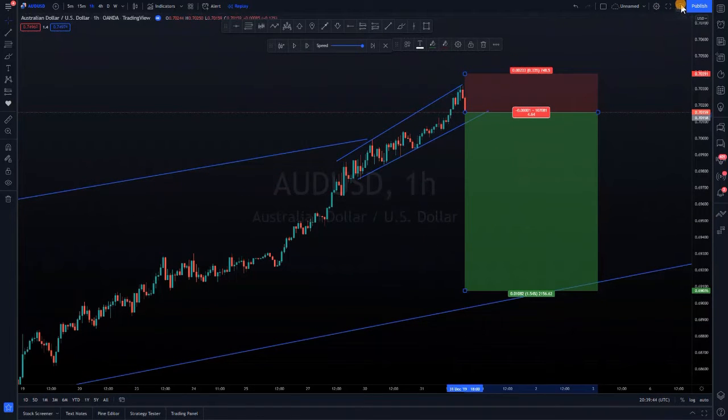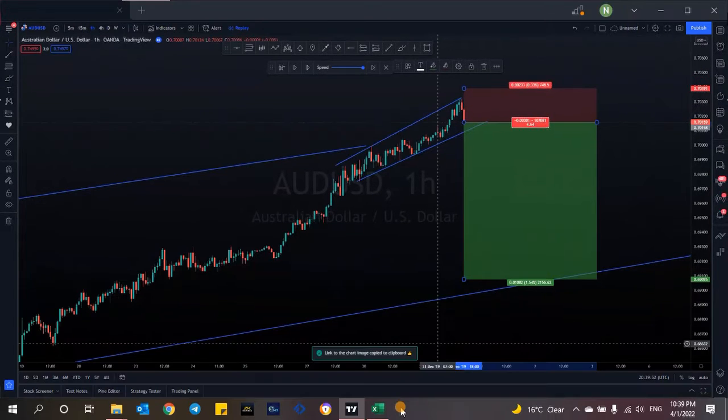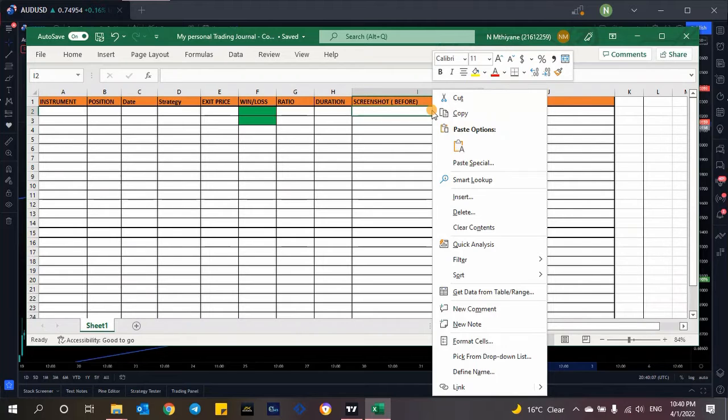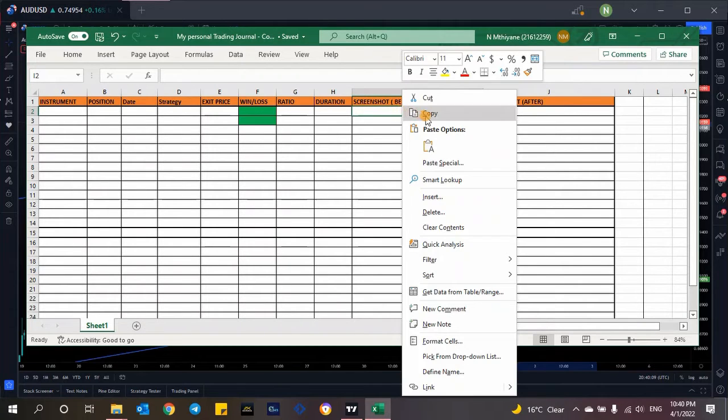So once I'm in a trade, what I do is I copy the link of the screenshots, and then I go and put it in. I have some tags here. I'm gonna delete this real quick. And then I'm gonna put my before screenshot there.